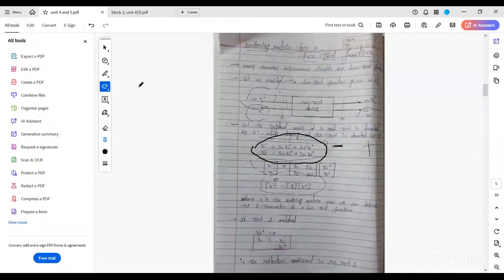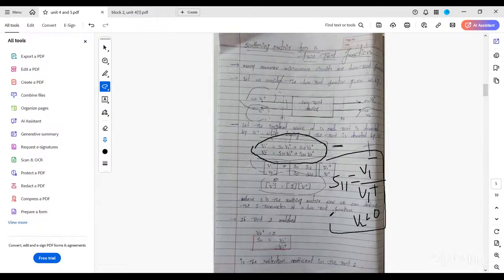From this equation, I will now write S11. What do we have in the LHS? We have V1 minus. S11 equals V1 minus by V1 plus, with V2 plus constant, equal to 0.